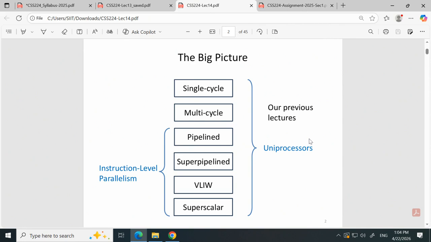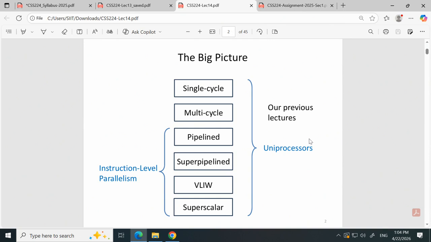Let's find somebody to tell me about these computer architectures. Single cycle. What does it mean, single cycle? Let's say an instruction set architecture has a bunch of instructions.